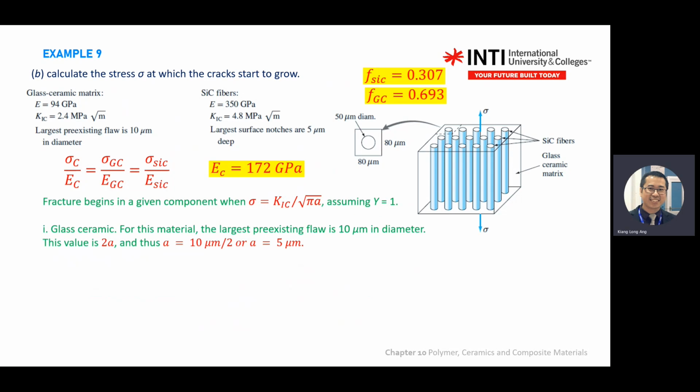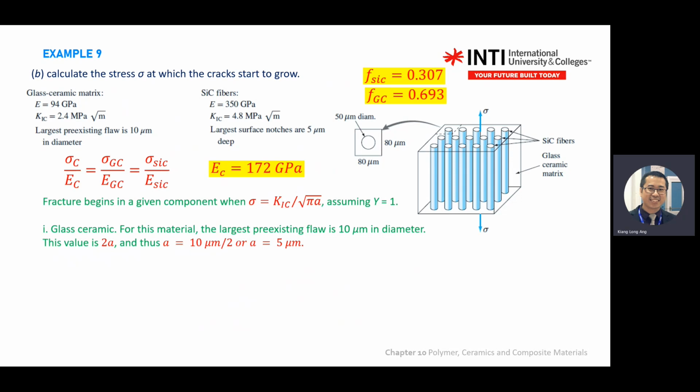So for the ceramic material, the largest free-axis flaw is 10 micron in diameter. In the question, it gives you free-axis flaw for the matrix is 10 micron. However, fiber is only 5. So if you have a free-axis flaw of 10 micron, you divide by 2, your A will be 5 micron.